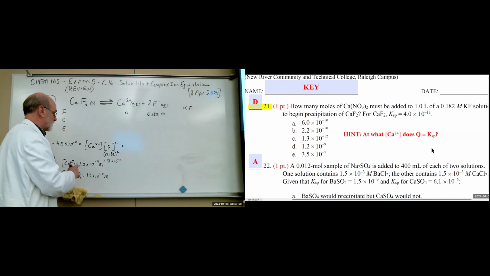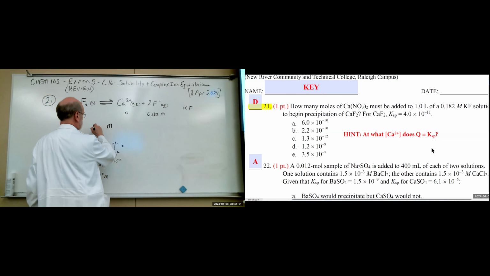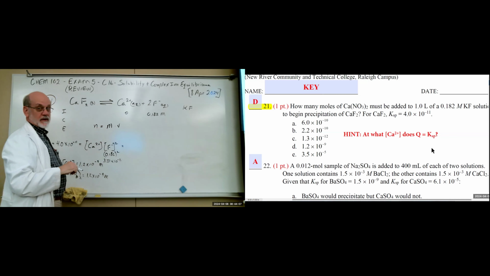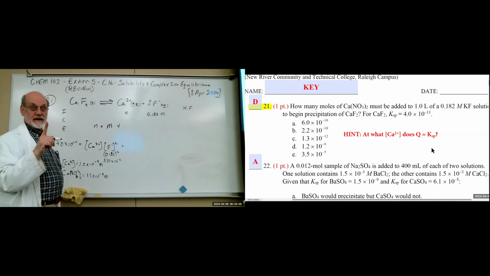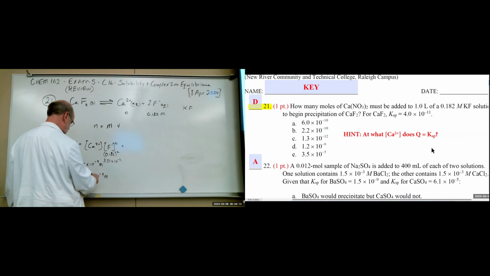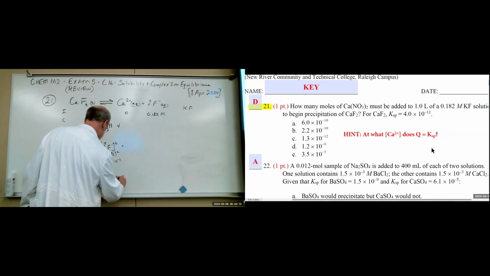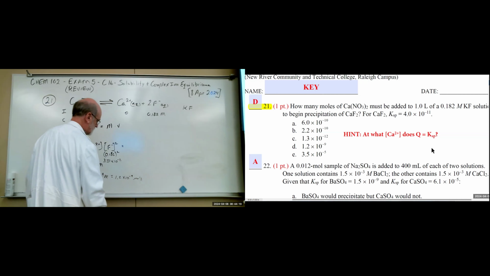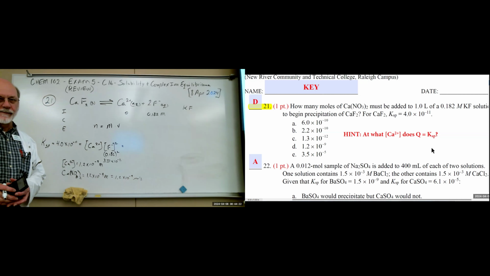In order to determine moles, you need molarity times volume. We've got molarity. What's the volume? The volume's 1 liter, right? If it's 1 liter, that means the moles is equal to this: 1.2 times 10 to the minus 9 moles. Okay. Did I lose anybody on that one?